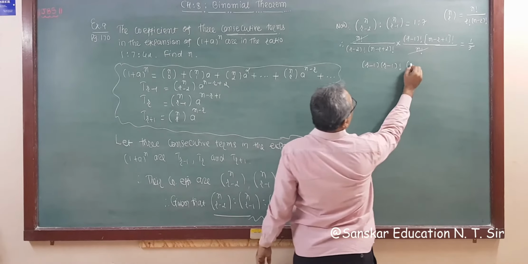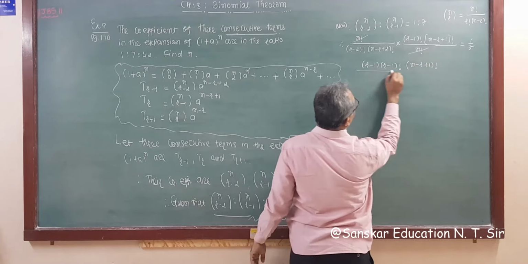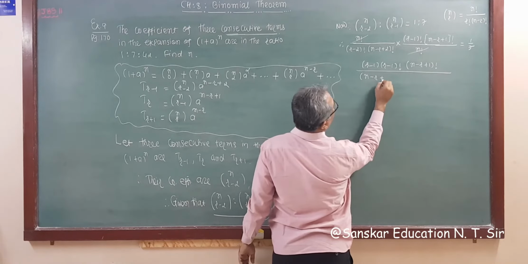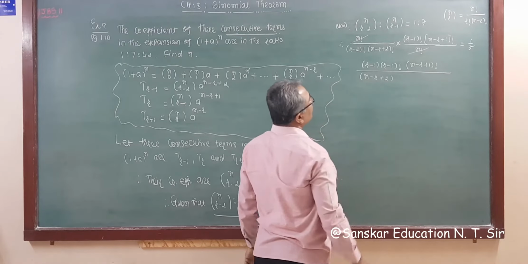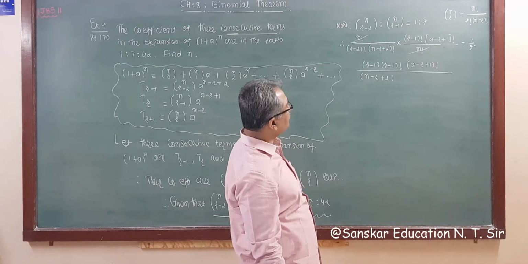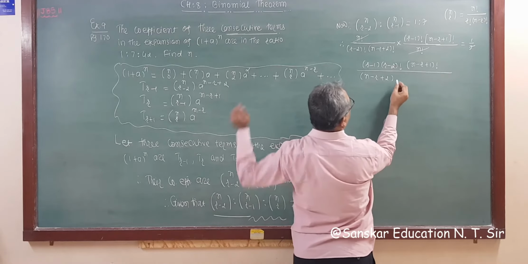So keeping this as it is and splitting out this as (n minus r plus 2) into (n minus r plus 1) factorial, right? Here we have to write (r minus 2) factorial, right?